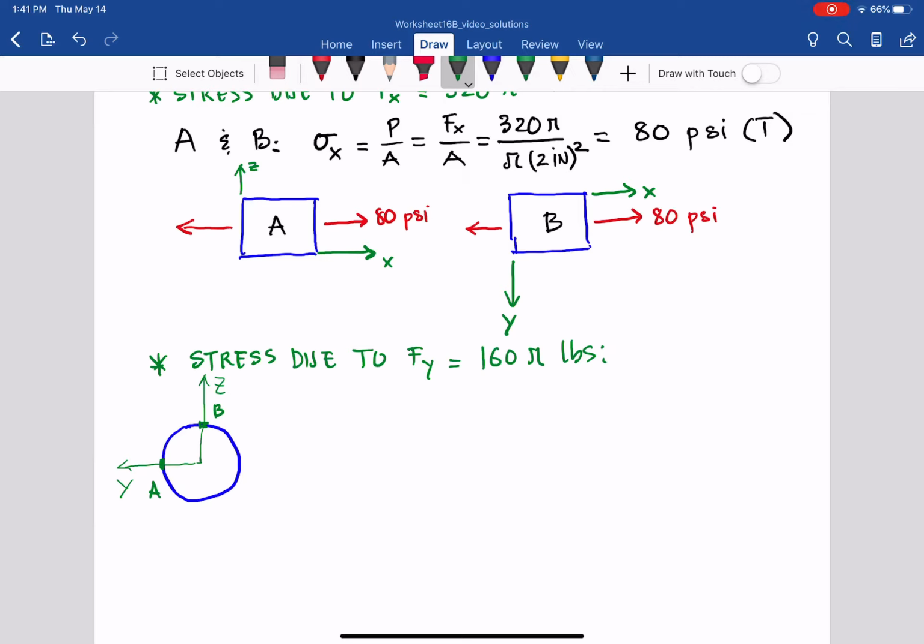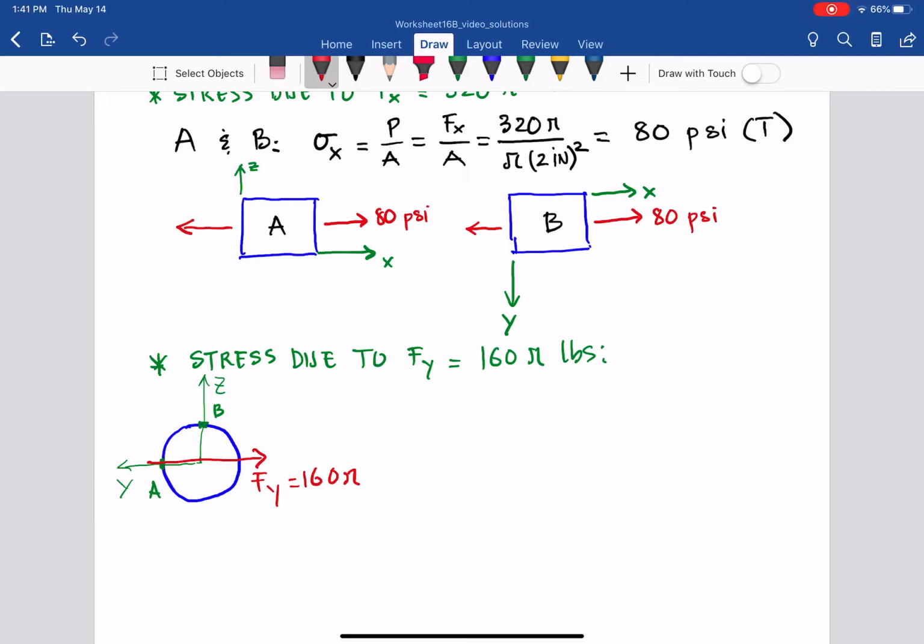So the Fy, you see Fy 165, as you can see, is on the plane of the cut, on the cross section. So it will create the transverse shear force.